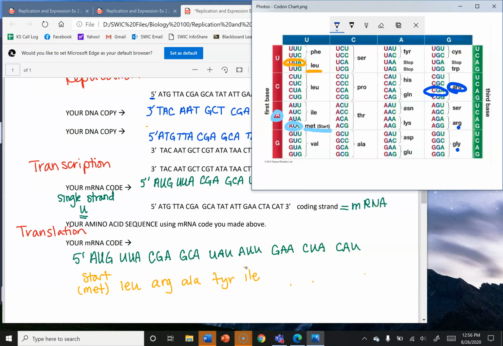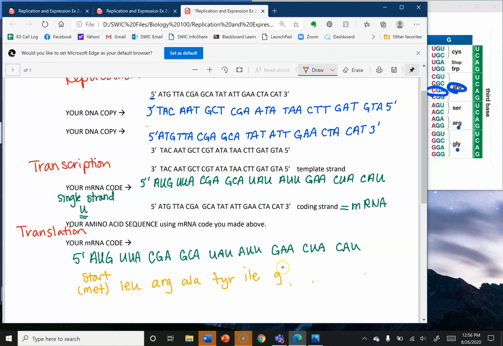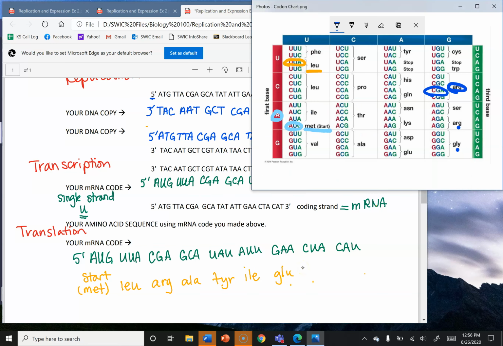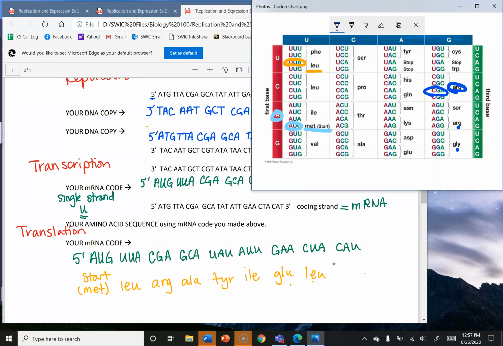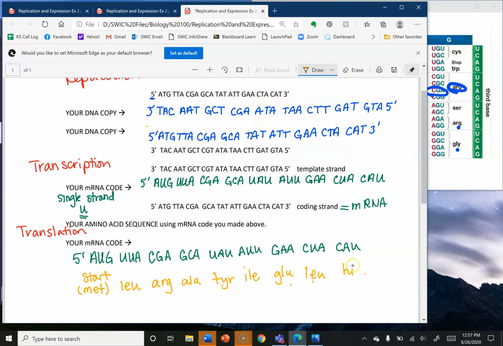GAA is glutamine. And CUA, leucine again. And then CAU is histidine. So now we have our amino acid sequence.